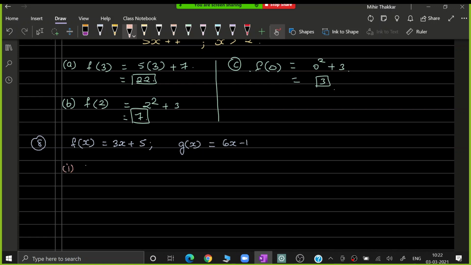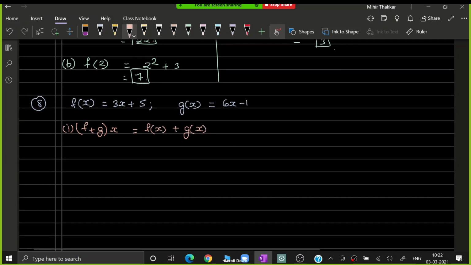In the first case, we are asked f plus g(x). This is nothing but actually f(x) plus g(x). So what you should do, just add the values: 3x plus 5 plus 6x minus 1. 3x and 6x is going to be equal to 9x, plus 5 minus 1, giving you the answer as 4. So that is a simple value for your f(x) plus g(x) or f plus g(x).